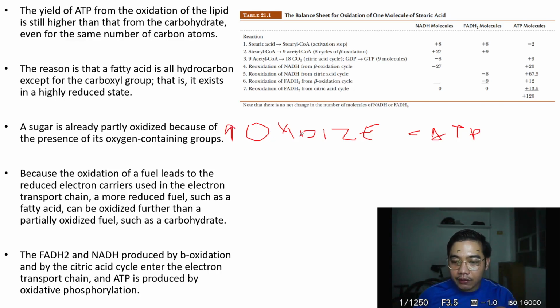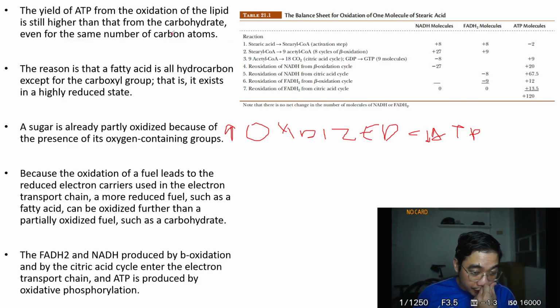If you need lots of oxidation to produce ATP, like in your electron transport, etc. But this is the principle: the more oxidized the compound, the less ATP it produces.